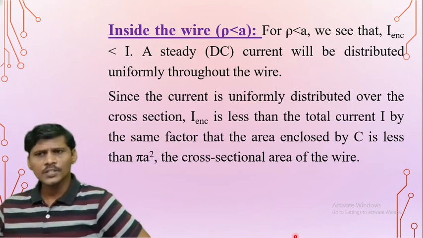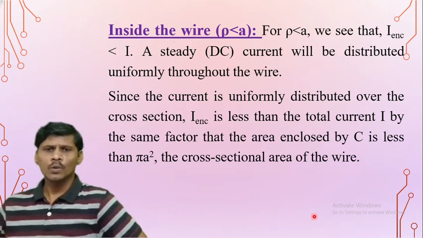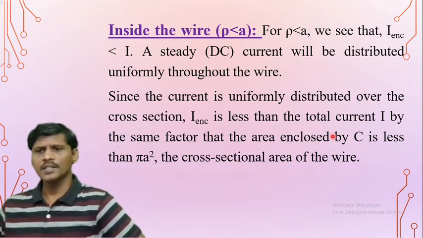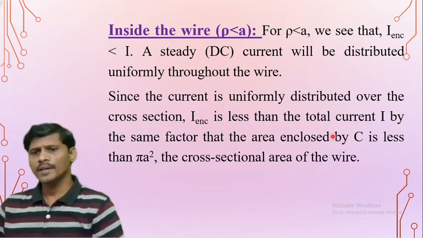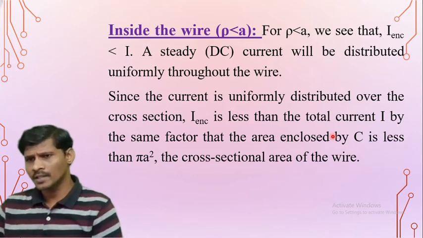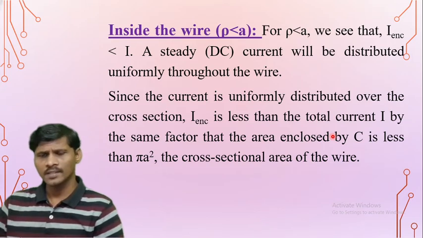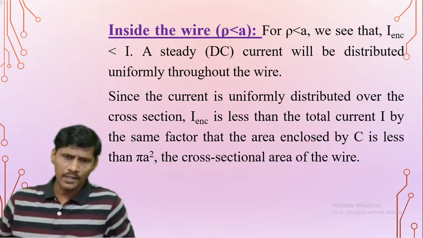Since the current is uniformly distributed over the cross section, the enclosed current is less than the total current. By the same factor, the area enclosed by the closed path C is less than pi a squared, the cross-sectional area of the wire.